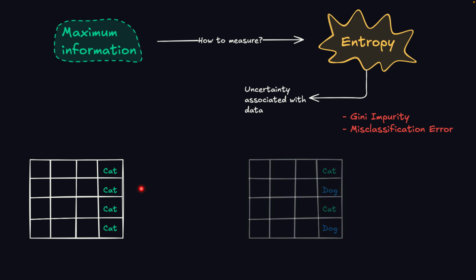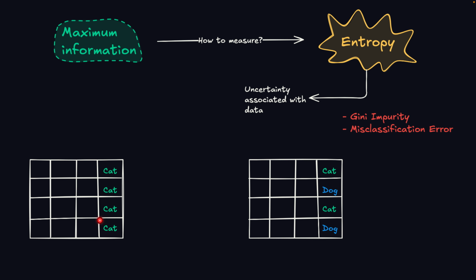So entropy basically defines whether the data set that we have has low uncertainty or high uncertainty. This is the training data we have. In this training data we have 4 records and all of them have cat as a label. On the other side we have another data set, and in this data set we have 4 records and 2 classes, cat and dog, and both of them are evenly distributed. Out of these 4, 2 are cat and 2 are dog.